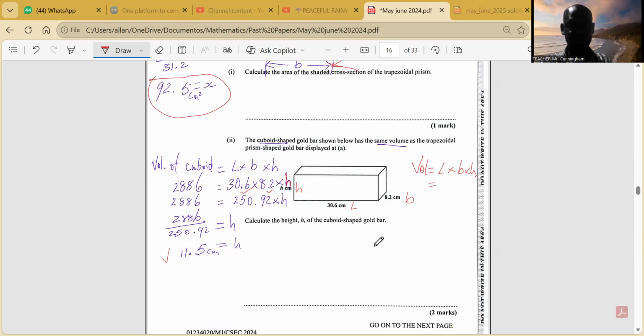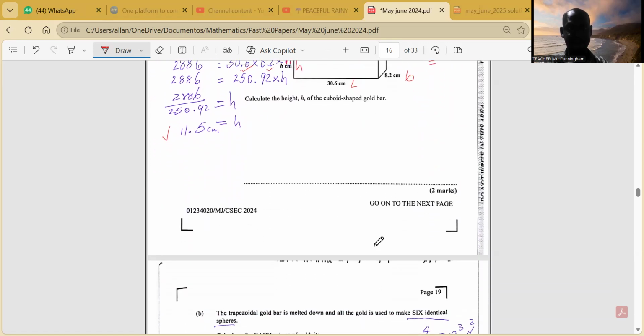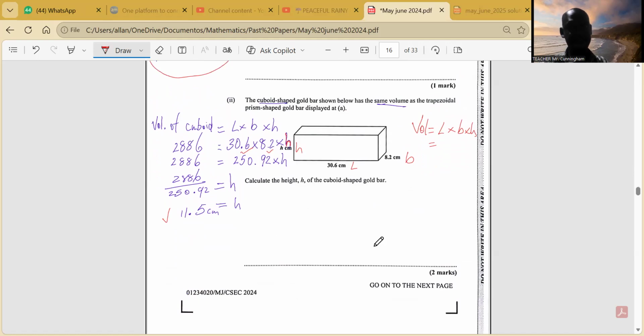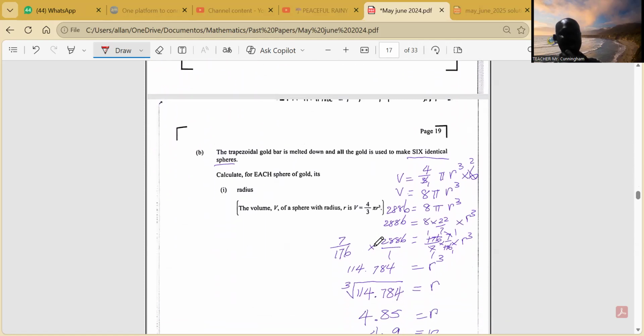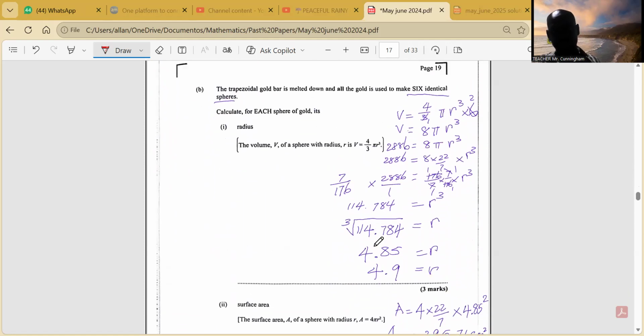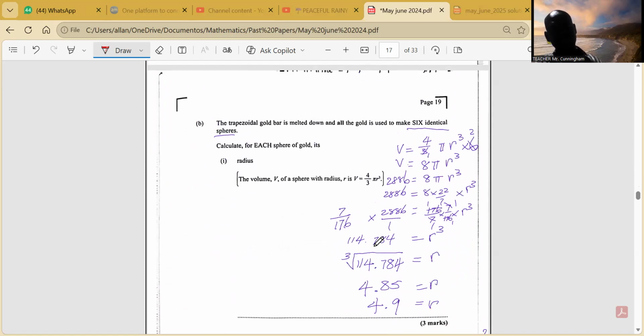All right, going good so far. 11.5. Now this is where it became tricky. 3 marks for this one though. It said the trapezoidal gold bar is melted down and all the gold is used to make 6 identical spheres. All right? They said find the radius of a sphere.